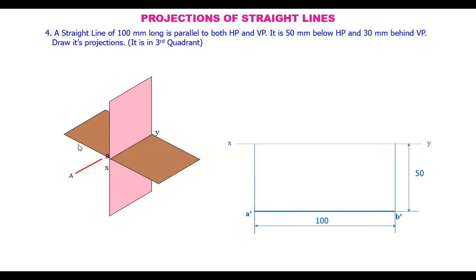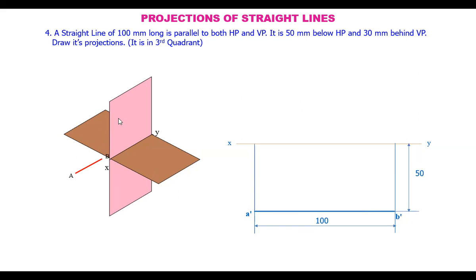Now this projection is obtained on the top view on the reference line. It is something like this, which is parallel to the vertical plane or parallel to the reference line. So once you get the projection here on the horizontal plane, rotate it. When you rotate it, what happens?